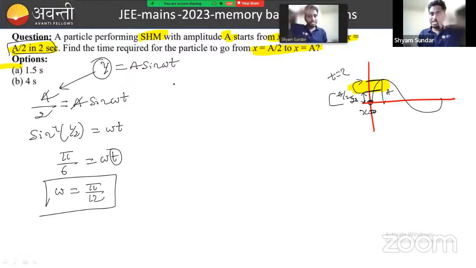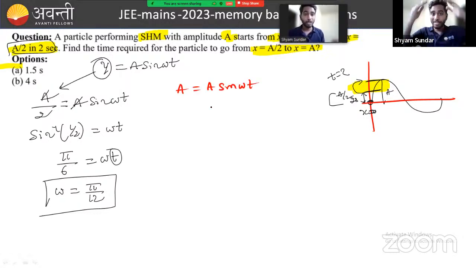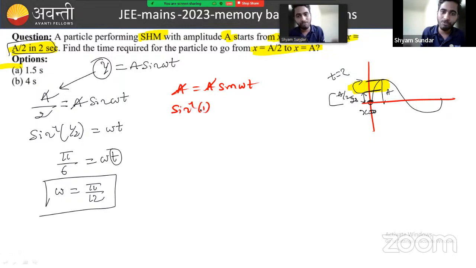Now, when it reaches the maximum, then it is the amplitude. The equation is y equals a sine omega t. I don't know the total time. We'll calculate the total time and then subtract this one. Easy, simple. Look at here, a will be cancelled. Take a to this side, so it becomes sine inverse of 1 equals omega t.